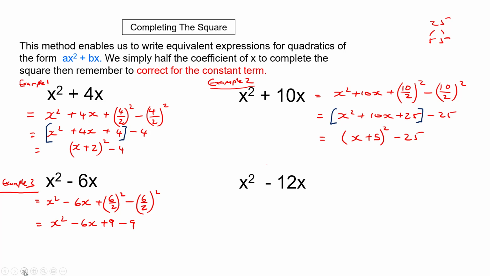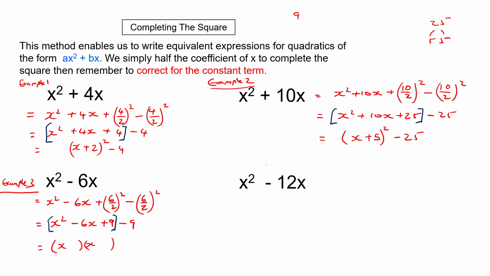So let's put brackets then around that. And then we can find the perfect square for that. Just change back to red. So that's equal to, now I want to factorize that. Let's do it in full. I've got x times x, and then I've got my plus 9.